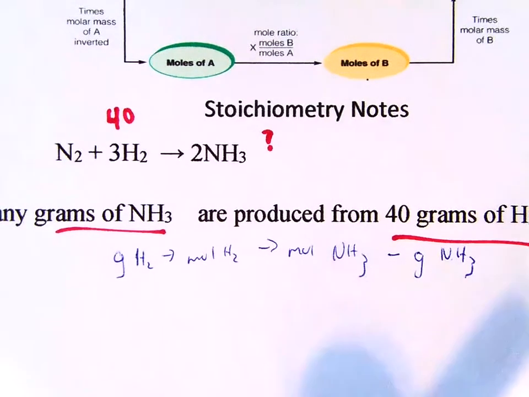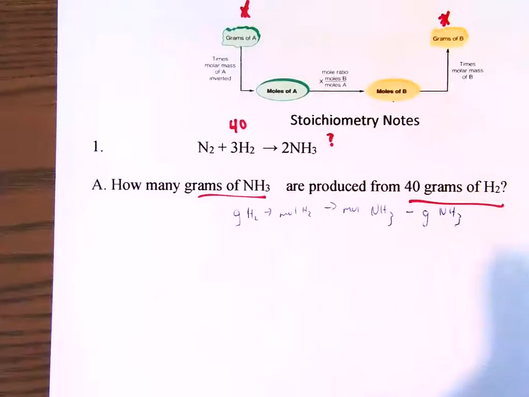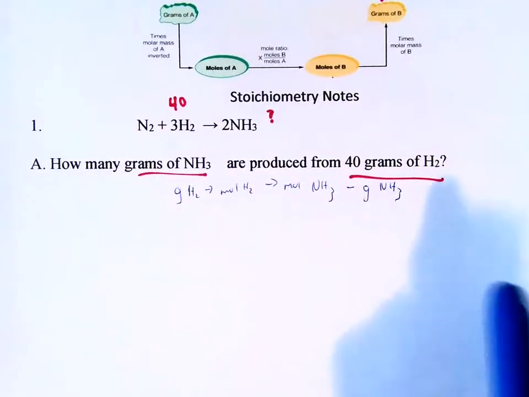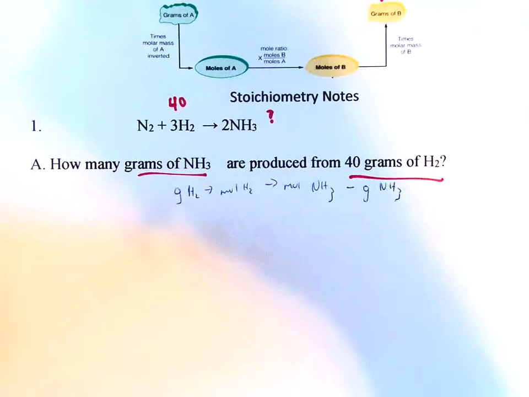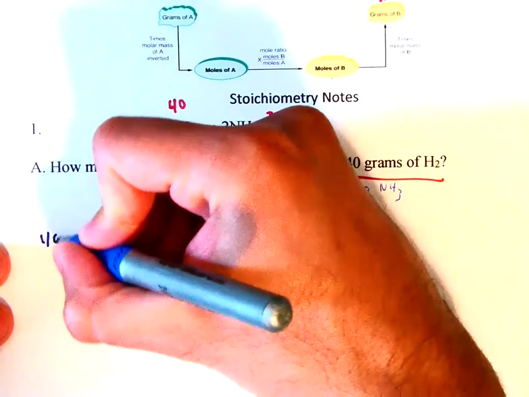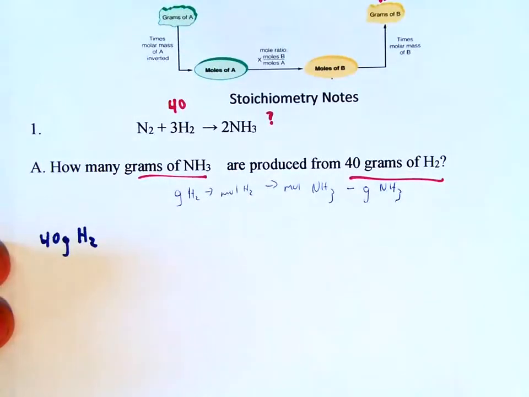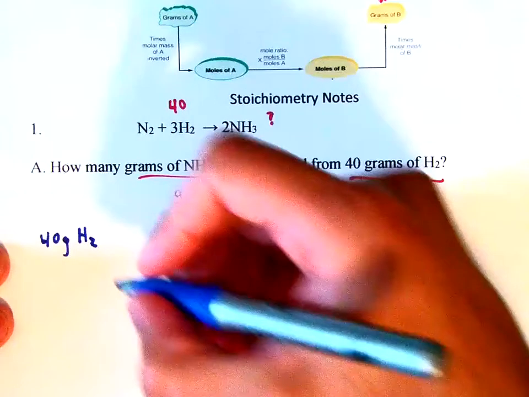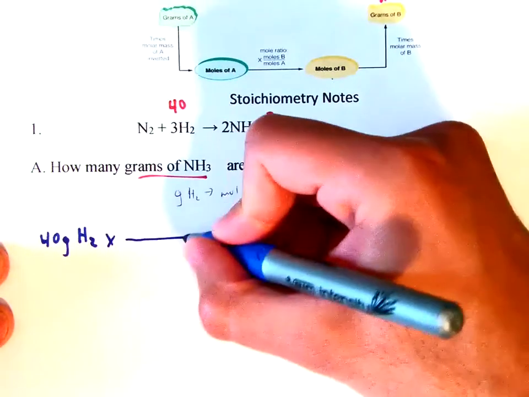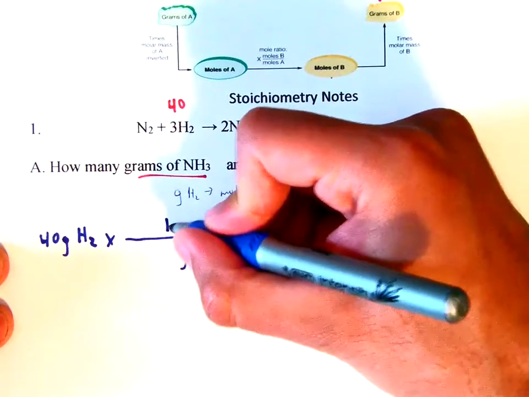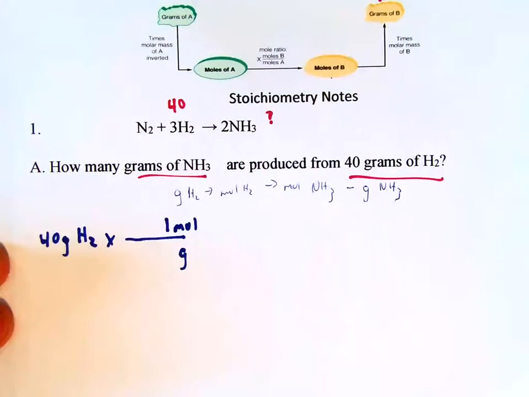Okay. Step one, we write what we were initially given, which was 40 grams of H2. We want to turn that into moles. That's our first step. So we go times grams on the bottom, 1 mole on top.